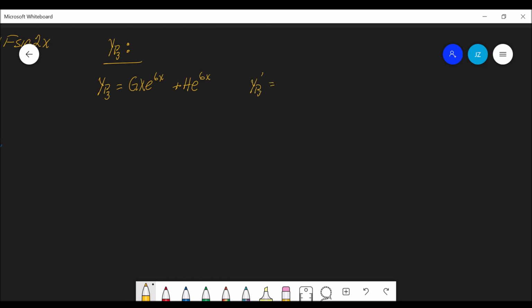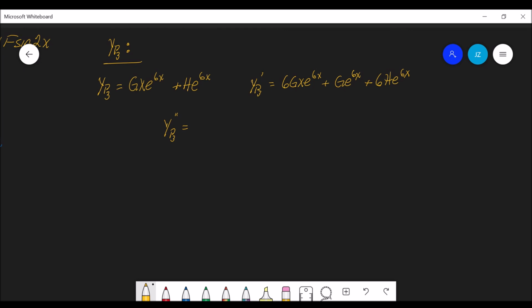So first derivative will give us first times derivative of the second. So we're going to get 6gxe to the 6x plus ge to the 6x plus 6he to the 6x.